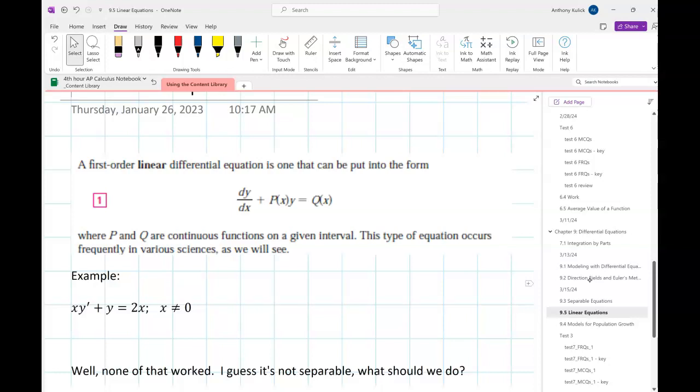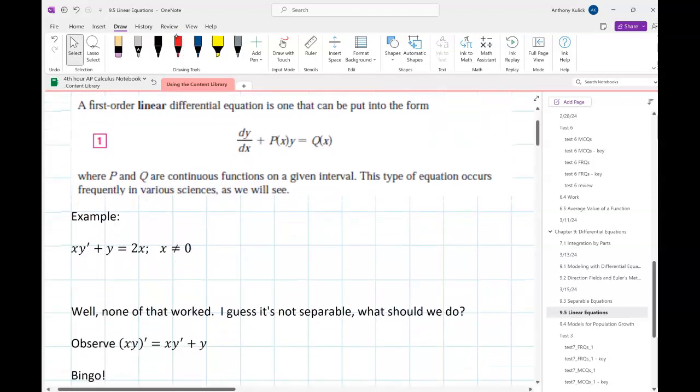So let's look at an example of a linear differential equation. Let's first examine why it's not separable. So if I took this and tried to separate it, what might we do?